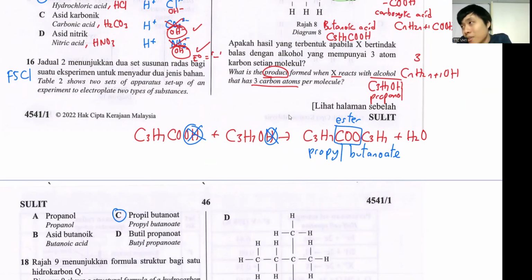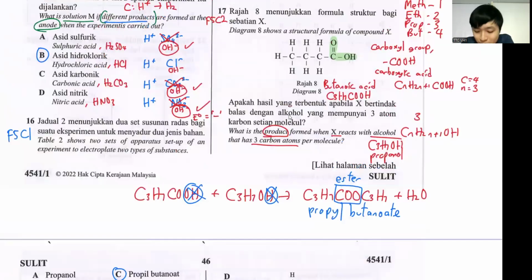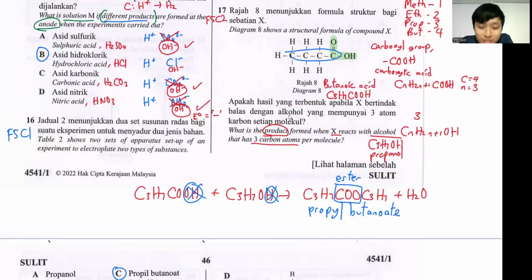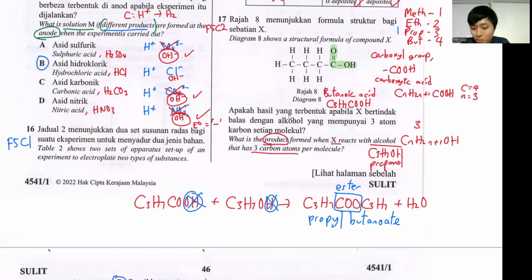If I ask why 4 carbon is called what, and you suddenly forget, then trouble. So the basics: meth is 1, eth is 2, prop is 3, but is 4, pent is 5, hex is 6.